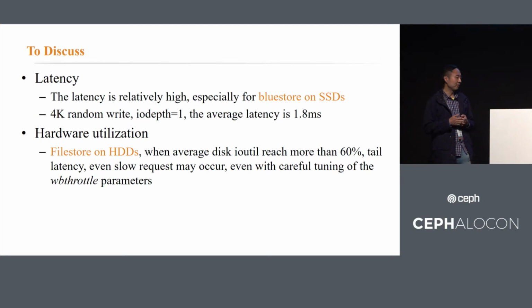To our customers, the price is always one of their major concerns. I know the community has put much effort into new hardware like NVMe and Intel Optane. But customers always care about the price, and they want to get SSD performance at HDD prices.